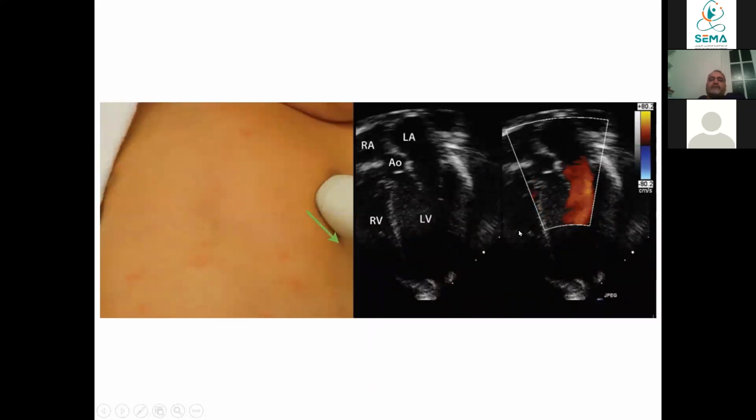This is the fifth chamber view: left atrium, left ventricle, pulmonary, aortic artery or valve, and right atrium. We call it the fifth chamber.